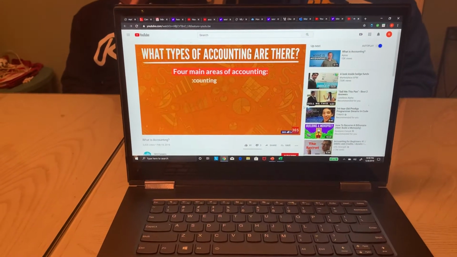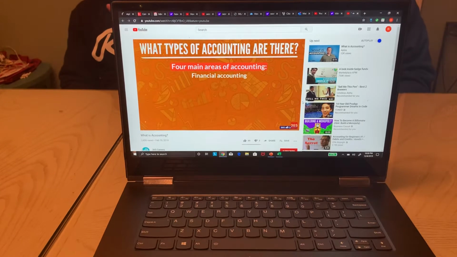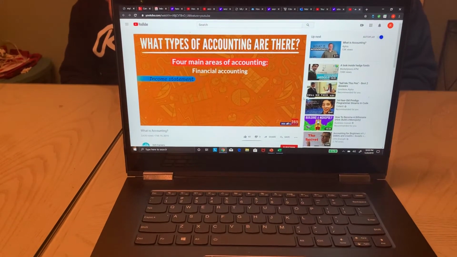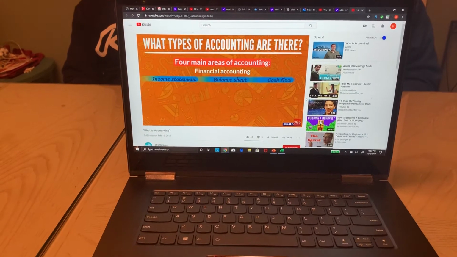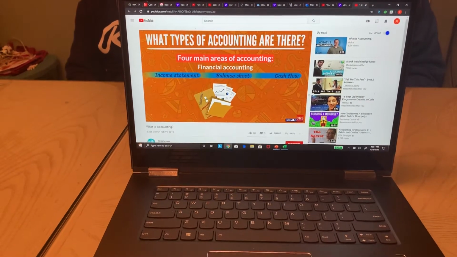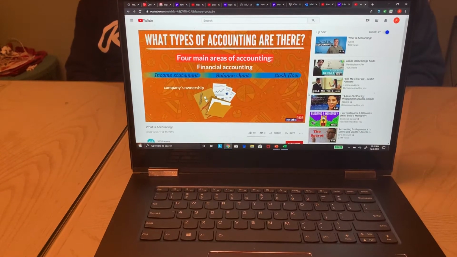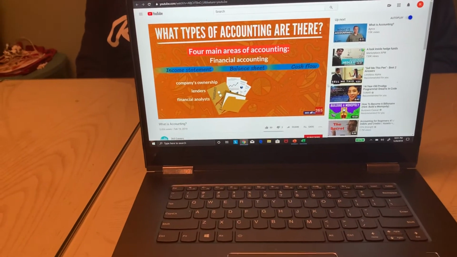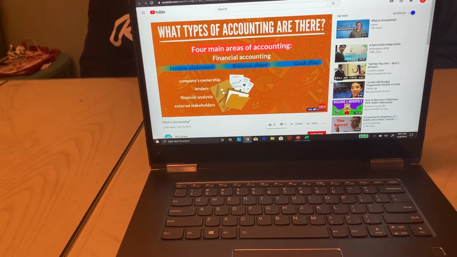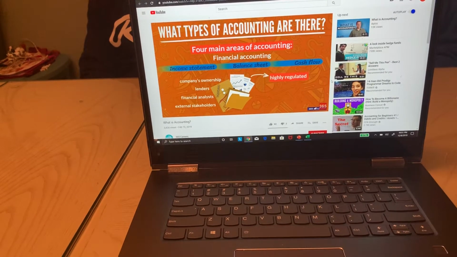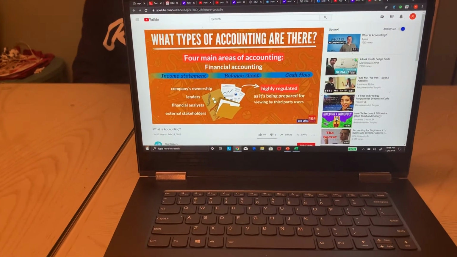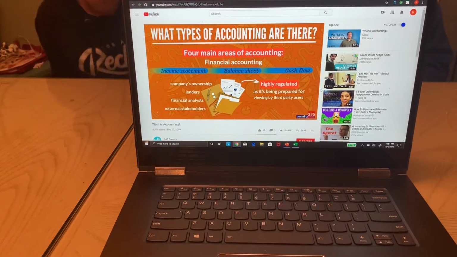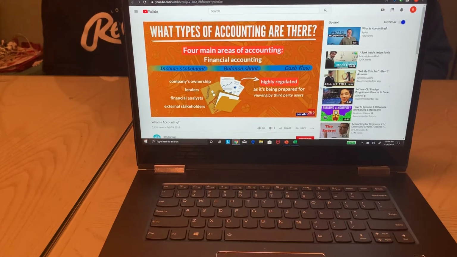Then we have financial accounting, which focuses on the 3 main statements: income statement, balance sheet, and cash flow. It is prepared for the company's ownership, its lenders, financial analysts, and for other external stakeholders. It is highly regulated, given that the information is prepared for third-party users, and they should be able to read it without having inside information.